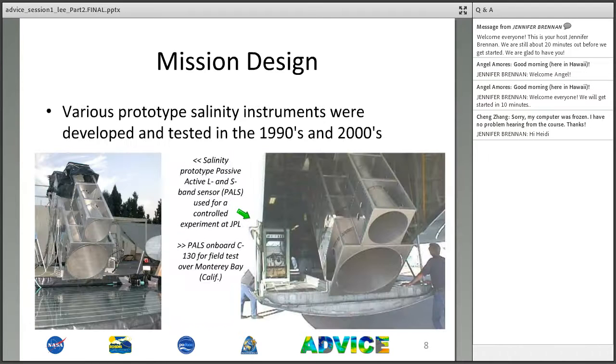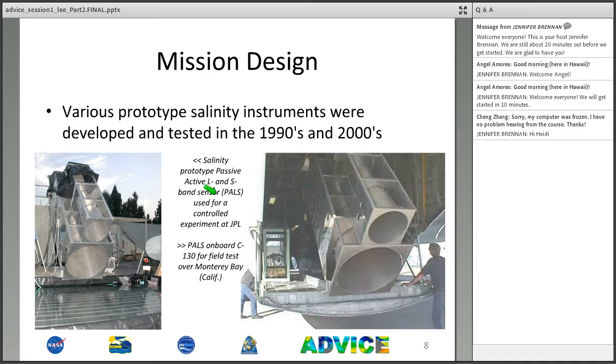And after Skylab, various prototype instruments have been developed to attempt to measure salinity from space. Out of those, the PALS sensor, which stands for Passive Active L-band and S-band sensor, that was developed at JPL, is the basis for NASA's Aquarius, as well as the Soil Moisture Active Passive, or SMAP, mission.